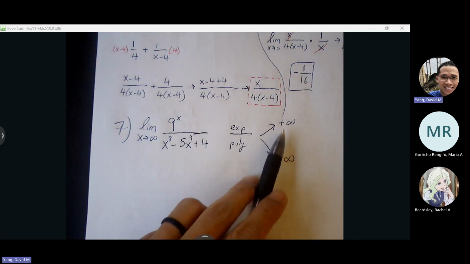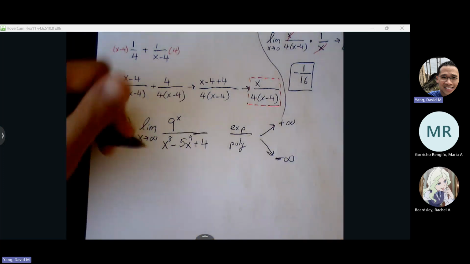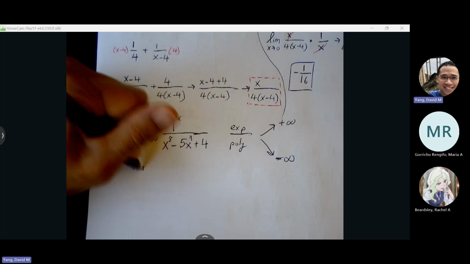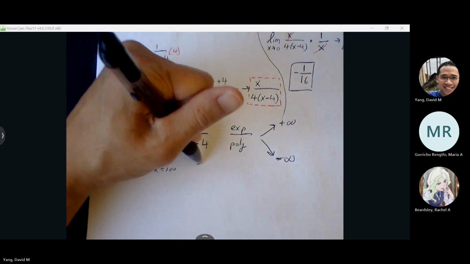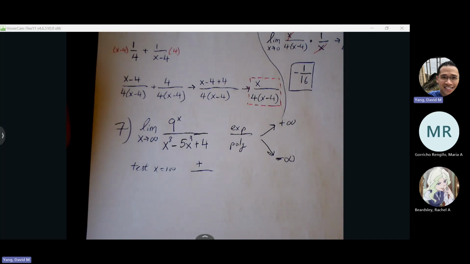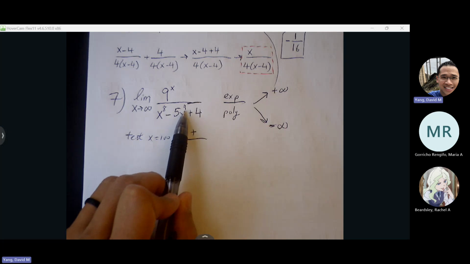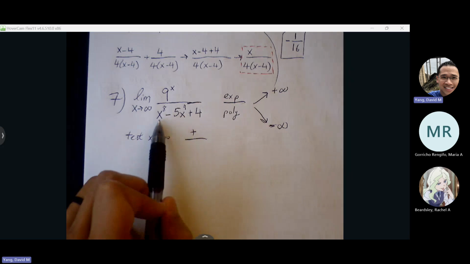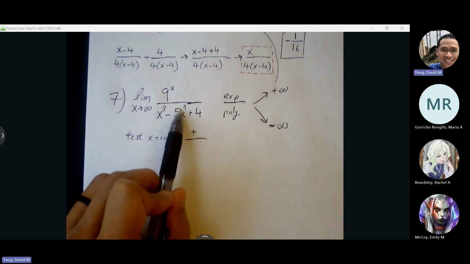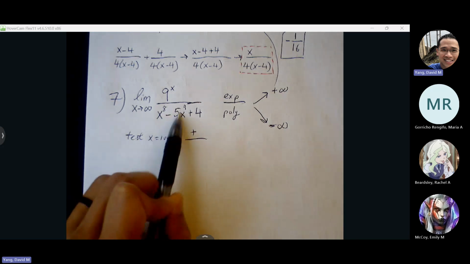It's growing without bound, increasing or decreasing without bound here. So what can we do? Test 100. Numerator we get positive, denominator we get negative. Why negative? Because the root 9, it's a great number and it's not even making it negative. Yeah, so these are both growing fast, but this is growing even faster. So this minus number larger than x to the 8th is going to force that negative.